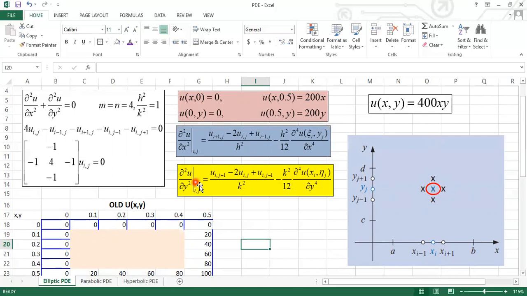Similarly, for the second derivative with respect to y, in this evaluation we have to keep the x coordinate fixed, and there will be the variation in the y coordinate, which is represented by the subscript j. So we have uij plus 1 minus 2uij plus uij minus 1 over k squared, where k squared is the step size in y direction.